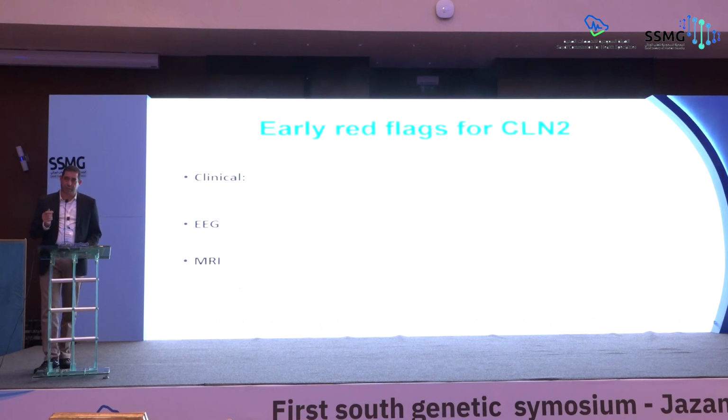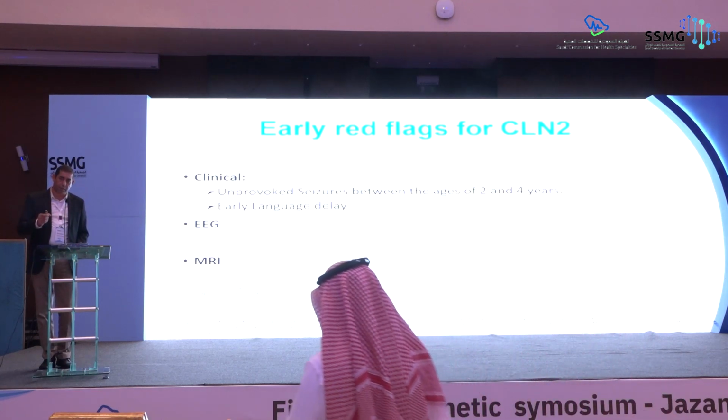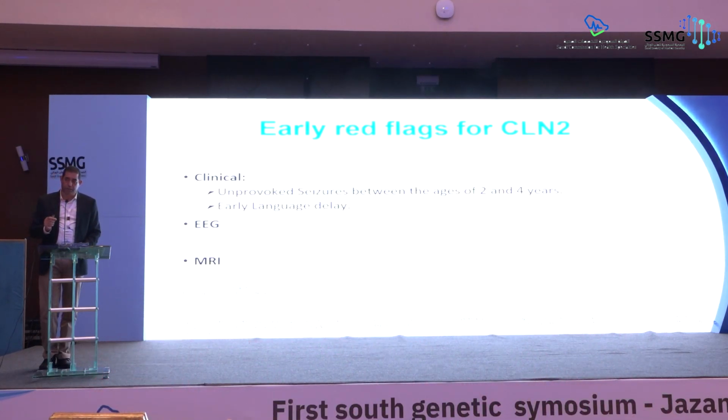One is that the patient presents with seizure between the age of 2 and 4 years, most of the time unprovoked seizure. And what is extremely important, what we know today, is that language delay is an important feature of those patients. So whenever you have a patient with early language delay who presents with seizure, think about CLN2 and test for this disease. EEG and neuroimaging are very helpful for the diagnosis.